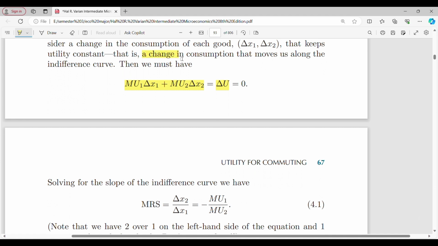See, a change in consumption that moves along the same indifference curve means the utility has to be the same. Indifference curve means all the bundles on an IC have to get the same utils. So in order to satisfy that condition, the change in utility has to be 0.